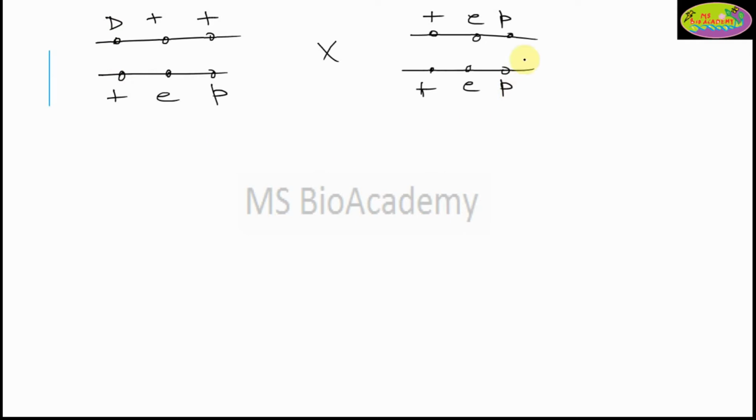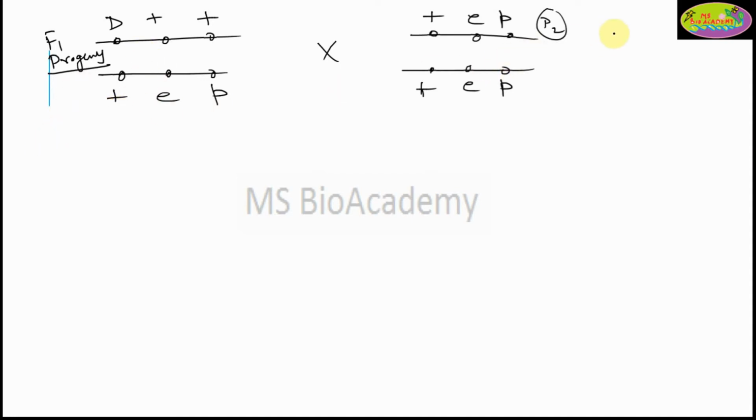So let's draw that, right? Now when you do this particular cross, this is your F1 progeny, one of the F1 progeny with the dicheat phenotype, being back crossed with the P2 parent. So what are the genotypes of the offspring we are going to get?